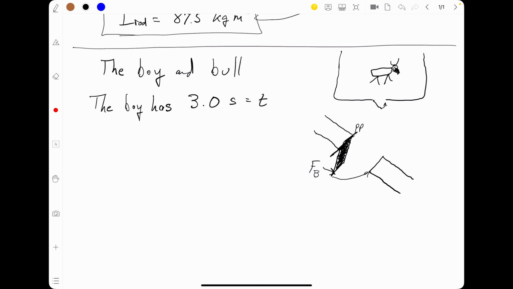That's our goal. We've got to get that gate closed or we're in trouble. Maybe the uncle might be super mad. I don't know what kind of punishments they do out on ranches anymore, but it used to be not great. So let's see what the boy can push. The force of the boy is equal to 100 newtons.